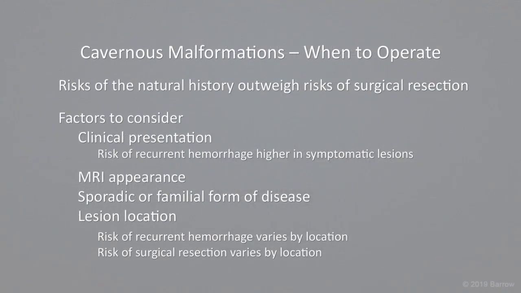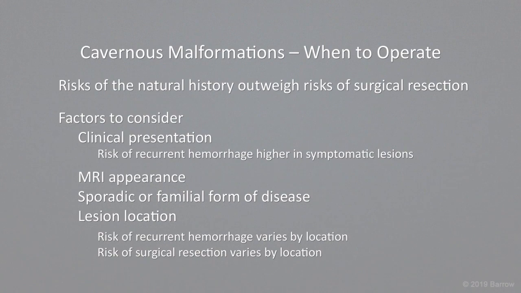When deciding when to operate on a cavernous malformation, the risks of the natural history must be weighed against the risks of surgical resection. Here are some important factors to consider. The first is the clinical presentation of the patient. Recall that the risk of recurrent hemorrhage is higher in symptomatic patients than those who presented asymptomatically.